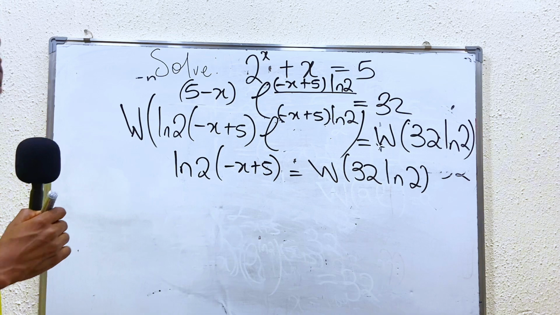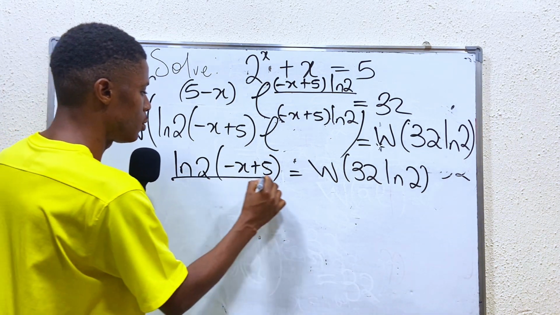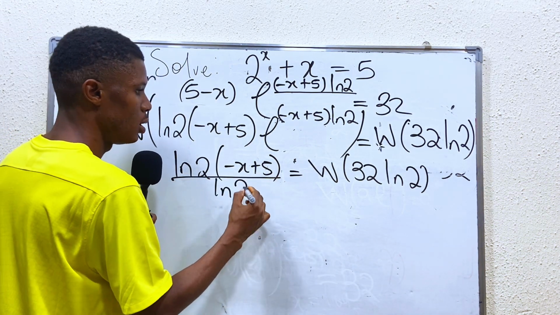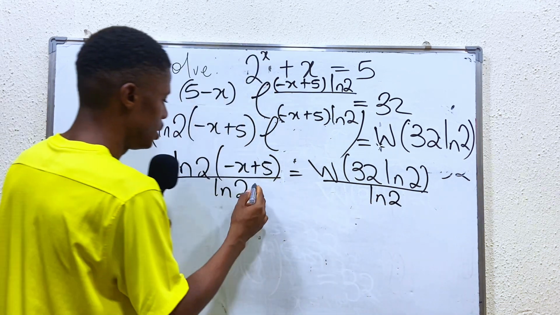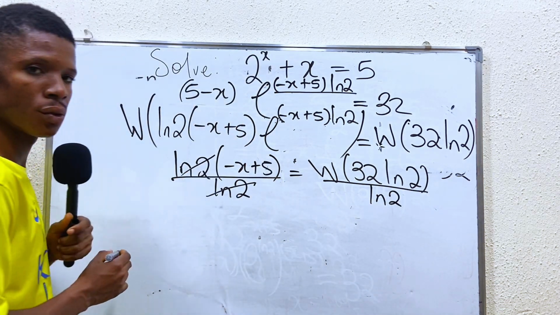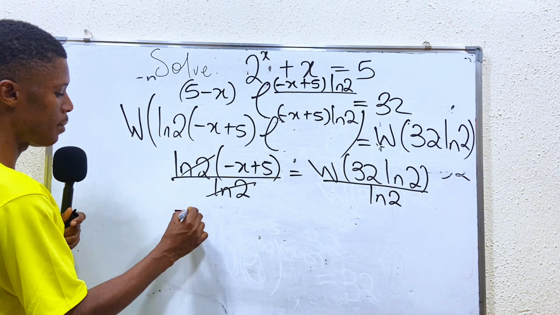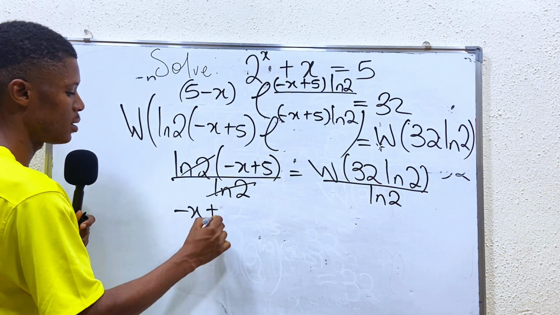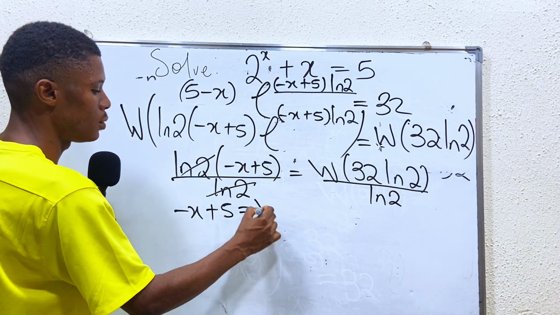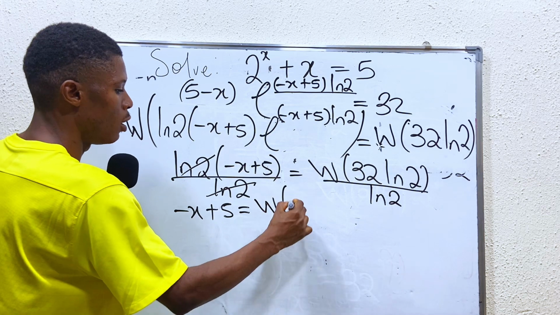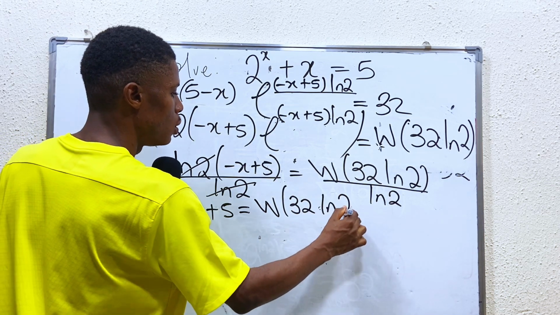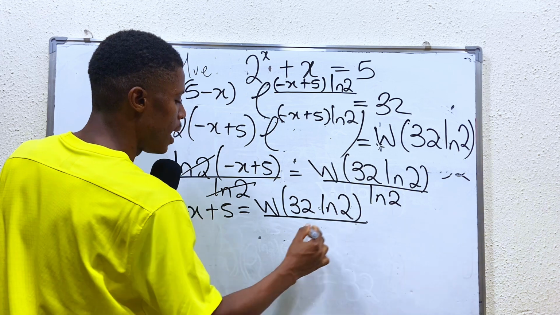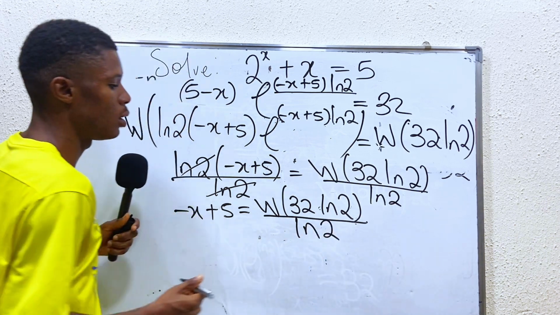Then the next thing you do is to divide through by ln 2 on both sides. Then ln 2 will cancel out ln 2. We are having minus x plus 5 is equal to the W function of 32 ln 2 divided by ln 2.